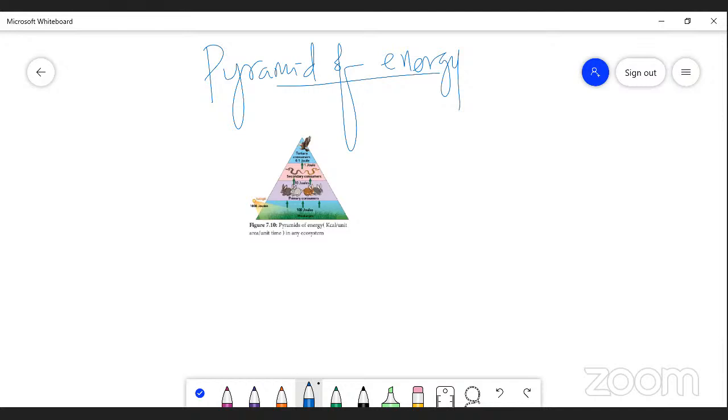There is a decrease of food energy from one trophic level to another trophic level. And it can be explained by the 10% law. Already we have discussed it. So let us take the 10% law or second law of thermodynamics. That is the most suitable example for pyramids of energy.